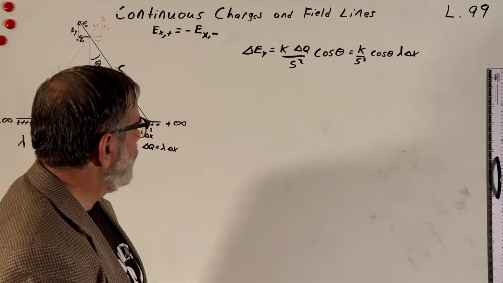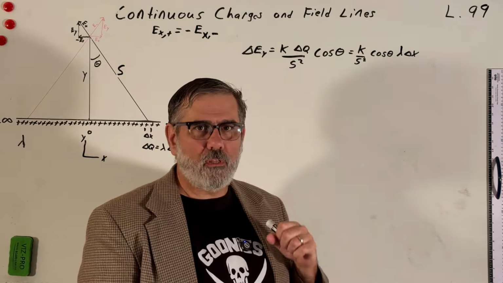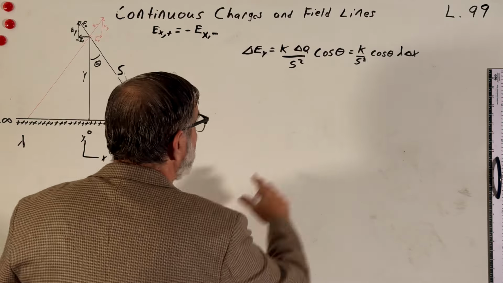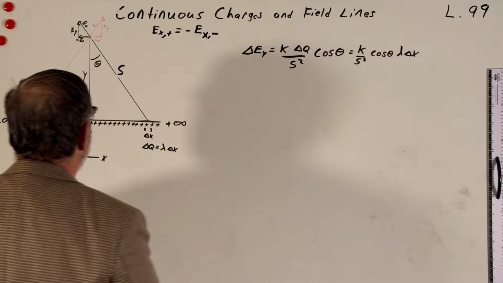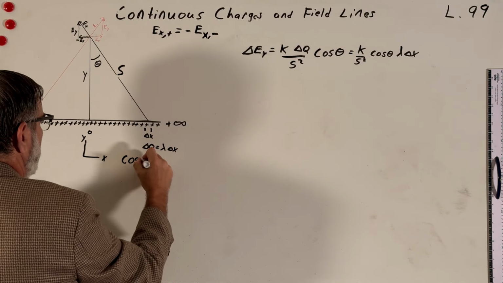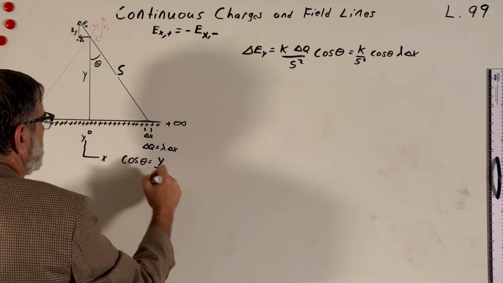And so the reason you want to get this delta q so that you can get this delta x, because you need something to integrate from, okay? And so what do we always have? One more substitution we can do. The cosine of theta, what is the cosine of theta? Well, the cosine of theta is just equal to y over s, yes?